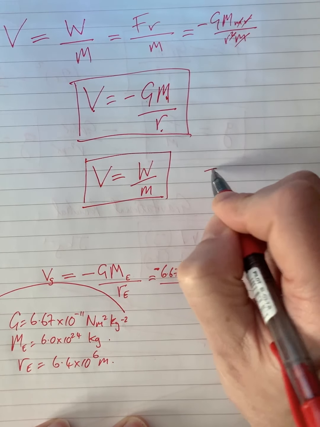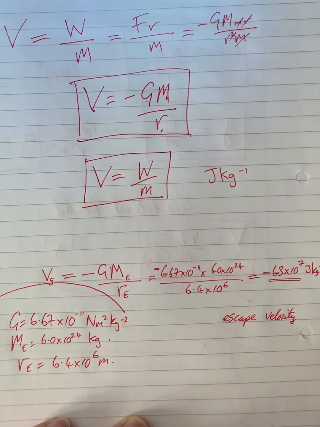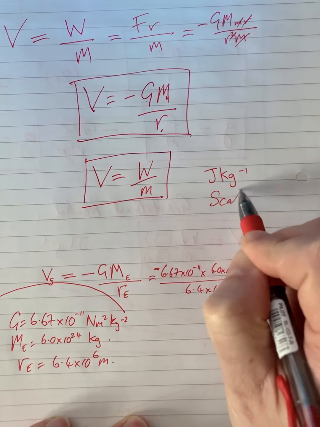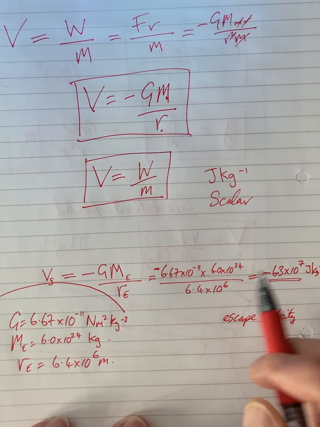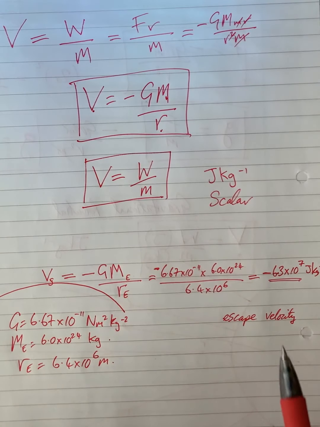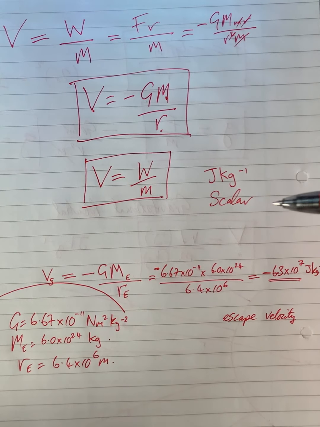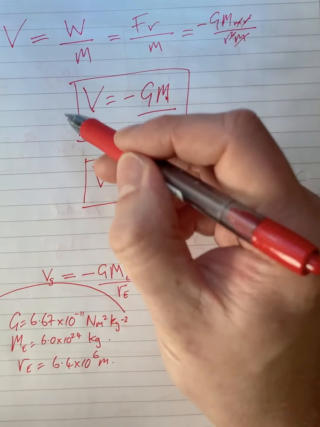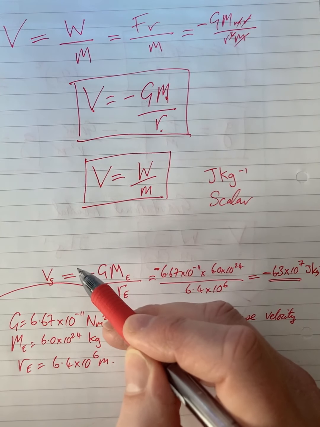It's in joules per kilogram, and, something I didn't say, it's a scalar quantity. It's linked with energy and mass as scalars, and it's a negative value. It becomes more negative the closer to the planet you get.